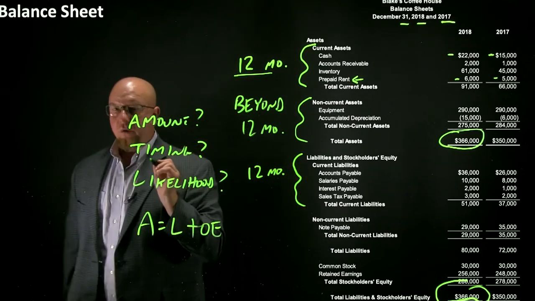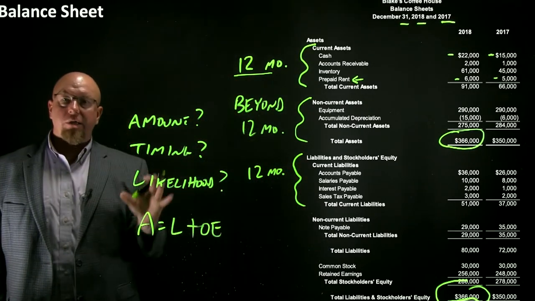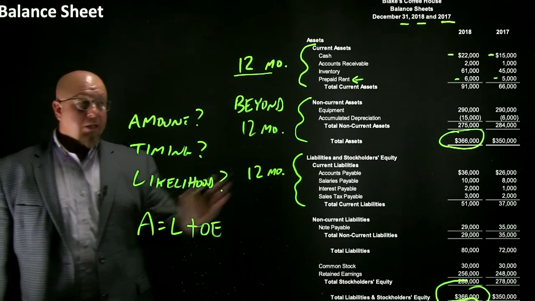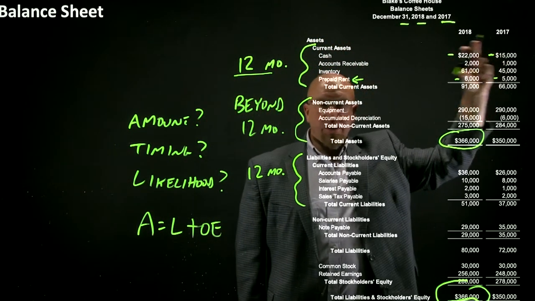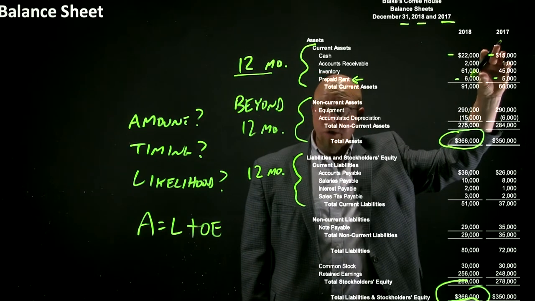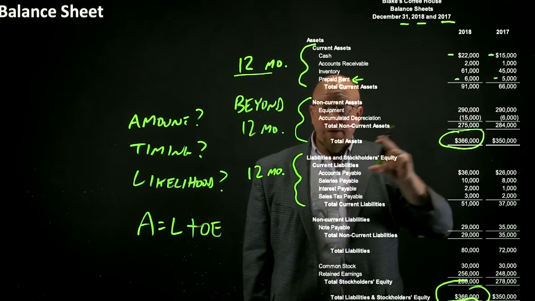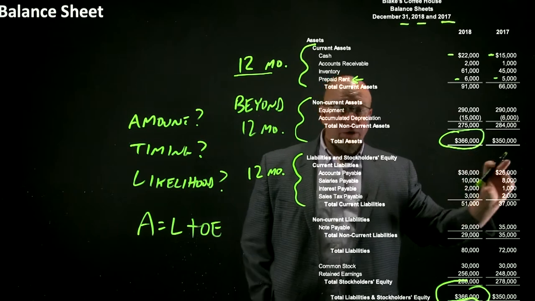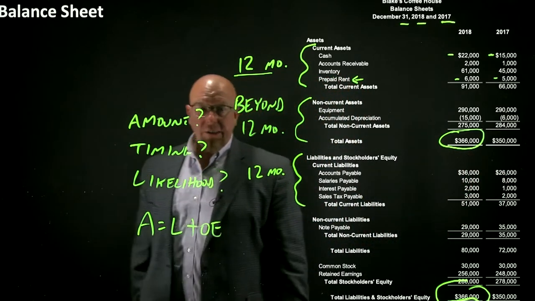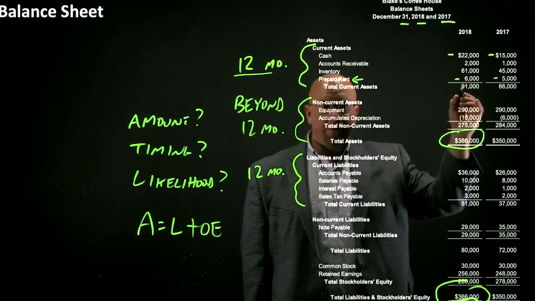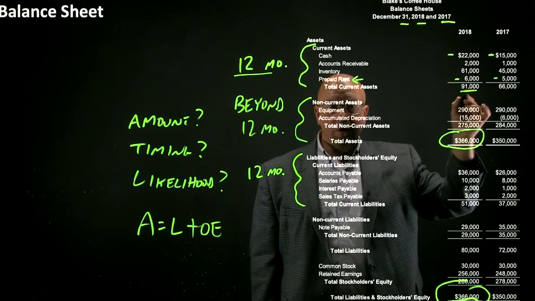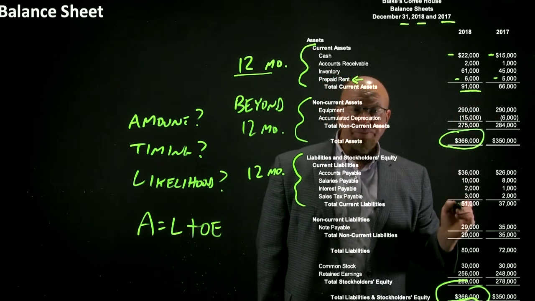So do you see how the balance sheet is starting to paint a picture of future cash flows? These are the amounts here that we expect to convert to cash or use up within the next year. These are the amounts that we expect to have to pay within the next year. And you can start to make some assessments about the health of the business in the short term. Current assets are $91,000.